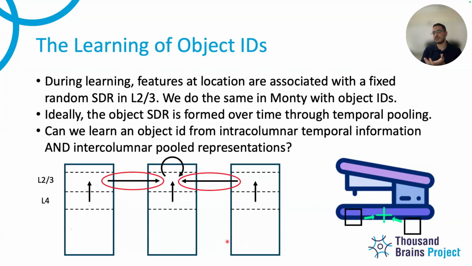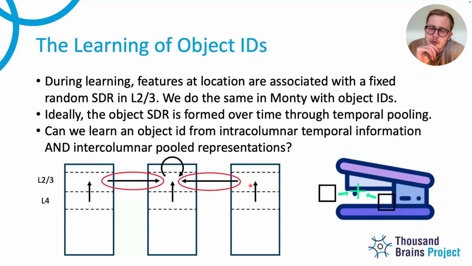The sensor module provides 3D or depth information and location in the reference frame of the object, and that helps these object IDs build context. But is that going to constantly be changing, or is that stable across all locations on an object? That's the point.